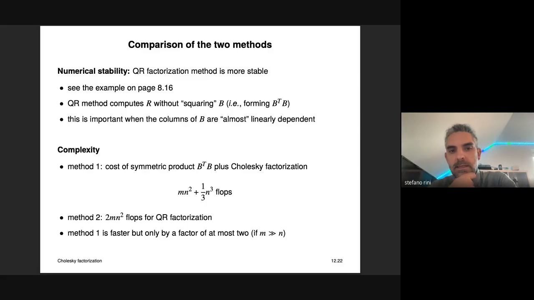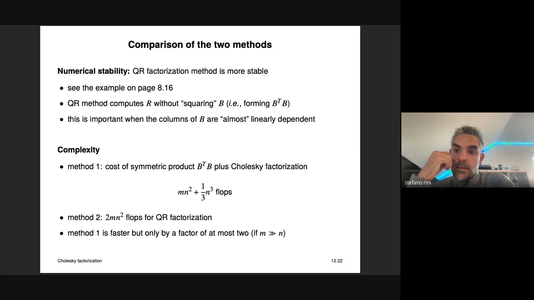We can discuss a little bit of which way is the best way. So the QR factorization method is sort of stable, right? Because it doesn't require the squaring of the matrix A, right? So we know that the operations that we fear are inversion and squaring, right?